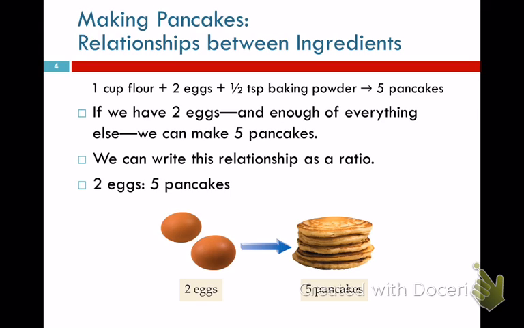So, scenario, okay? I've got 6 cups of flour. I've got 10 eggs. I've got 2 teaspoons of baking powder.